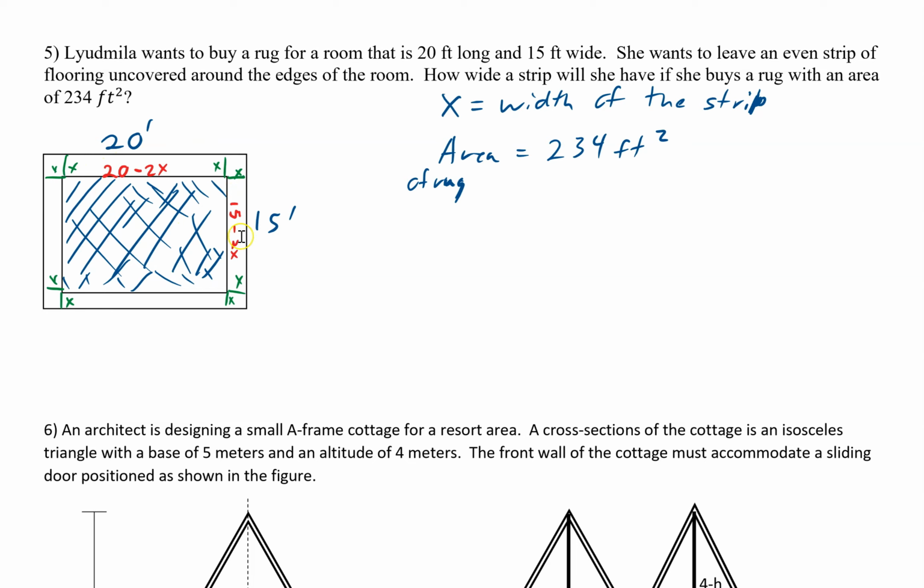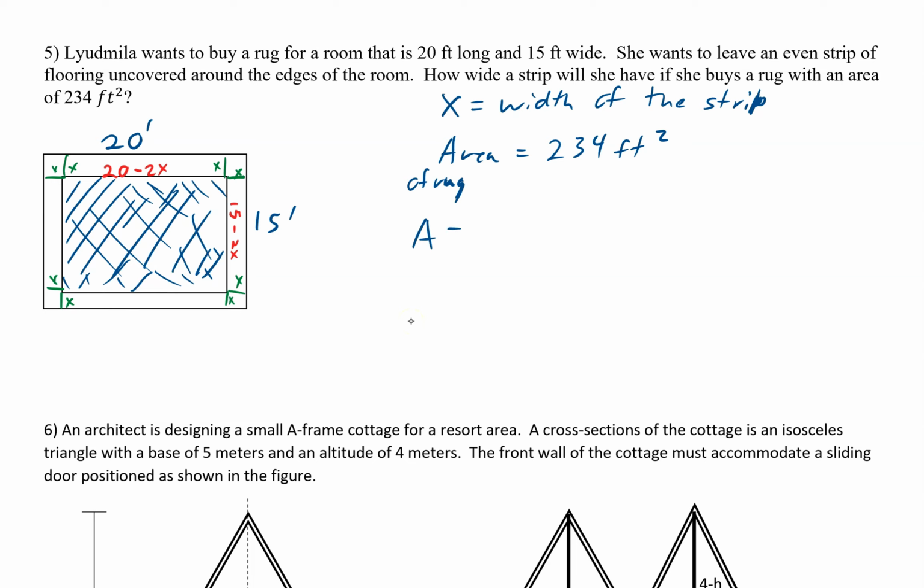So it's basically 15, take away this and this. You can see that these are being removed from here, and we get what we need.